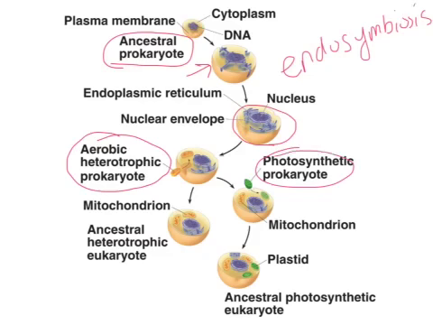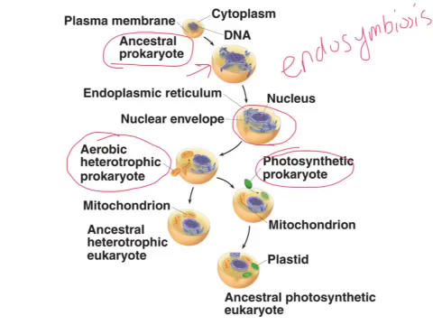And over time, their symbiotic relationship becomes so close that they can no longer live separately. And so our eukaryotic organisms are going to have these membrane-bound organelles, which allow for the division of labor. Some of those organelles are thought to have come from that endosymbiotic theory.